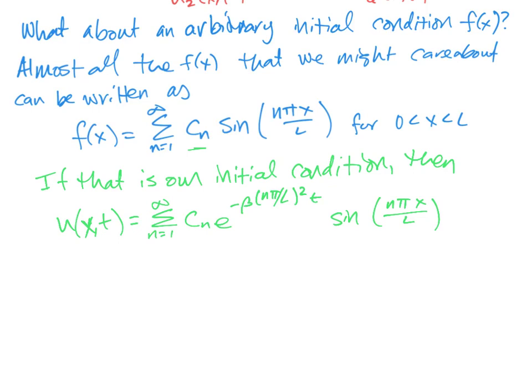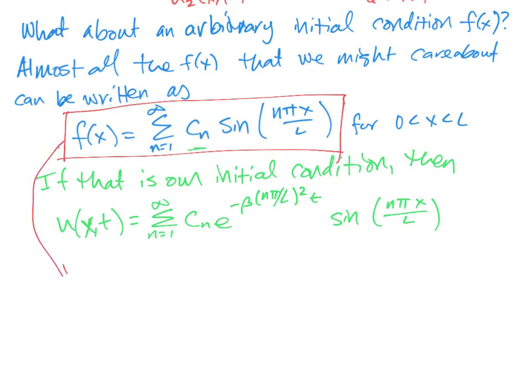So this sine series right here is called the Fourier sine series. And how you find those c's and how you prove that this series converges is part of the theory that we will talk about a little bit more over the next couple sections.